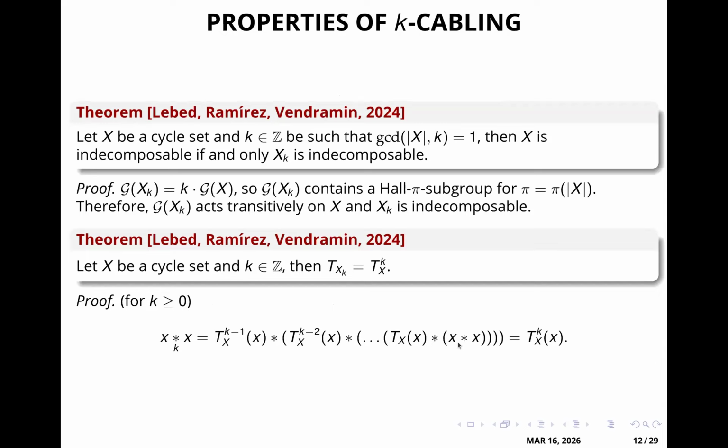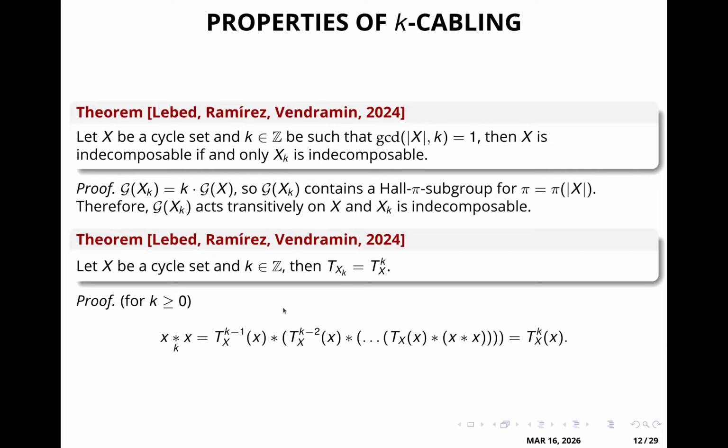Namely, if we cable by an index that is co-prime to the size of x, then x is indecomposable if and only if the cabling is indecomposable. So we essentially preserve the property of being decomposable or indecomposable. And the proof is ridiculously easy.